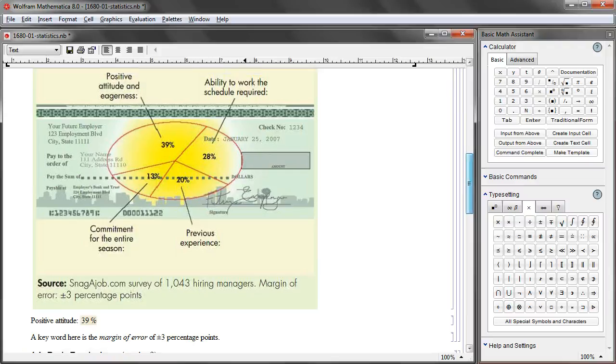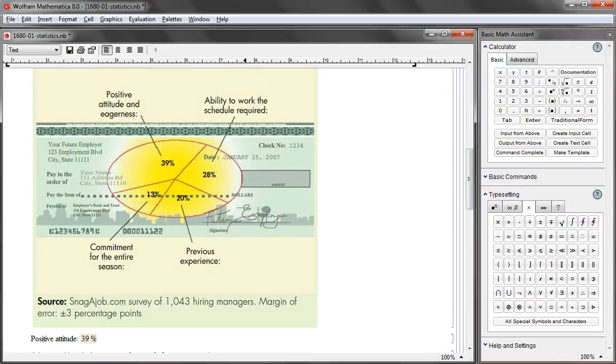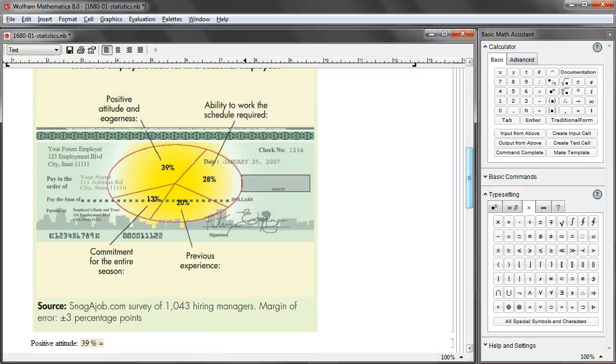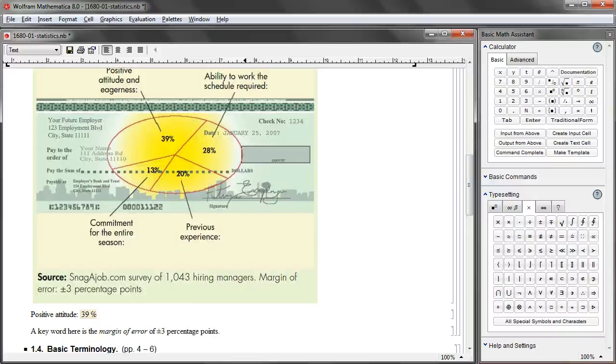And what does it say? Based upon the sample study mechanism and also sample size, we have 39% plus or minus 3 percentage points of margin of error, generating 36% to 42%. So what did we end up with?